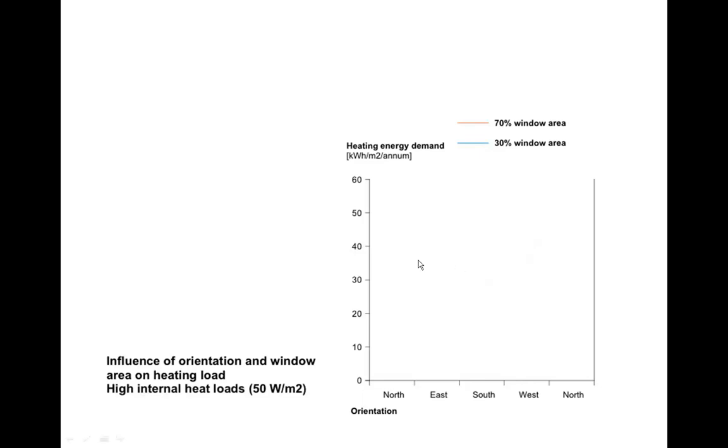Now we're looking at the same again, but we're now looking at spaces with high internal heat loads. So spaces that have a lot of heat sources, and the example here is 50 watts per square metre. Now if you think you're each currently giving off about 100 watts of heat, so we've got quite a lot of heat sources in this room.